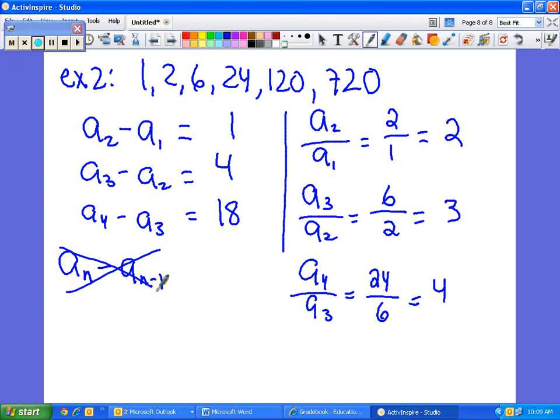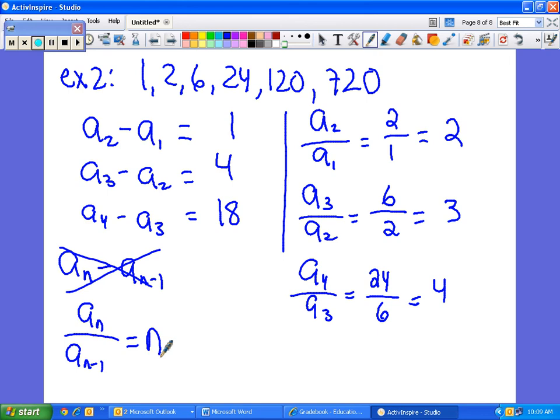It didn't work. Now what are we doing? We're doing a sub n divided by a sub n minus 1 is equal to n. It is going to be a sub n minus 1. Yes.